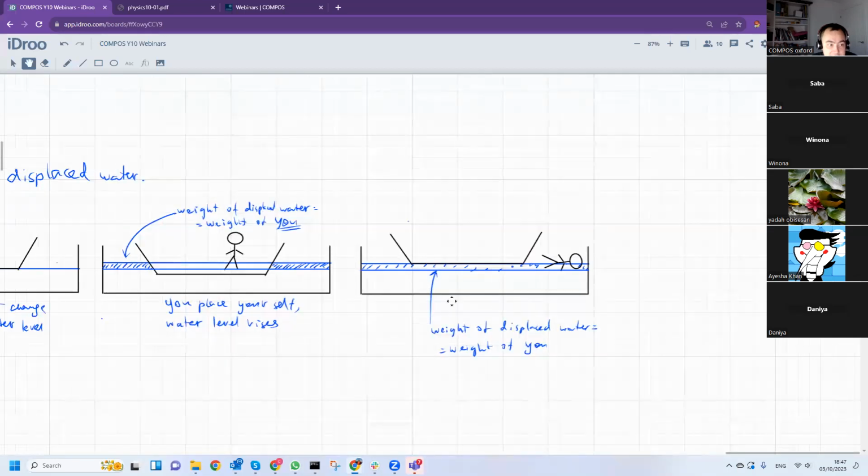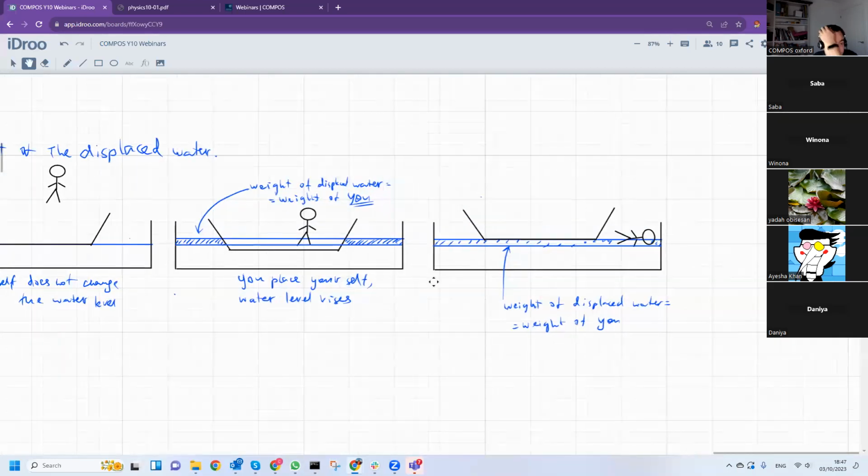So the thing is, when you're in the boat, you displace an amount of water exactly equal to the weight of your body. And when you jump into the water, it also displaces an amount of water exactly equal to the weight of your body. So in both cases you displace the same amount of water, because your mass and weight haven't changed.